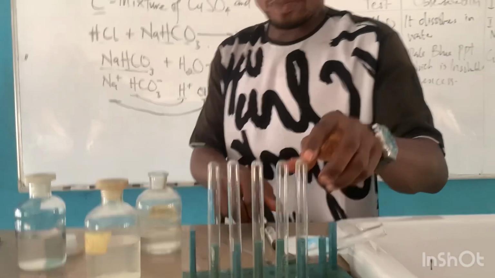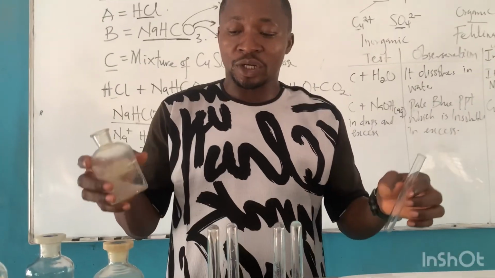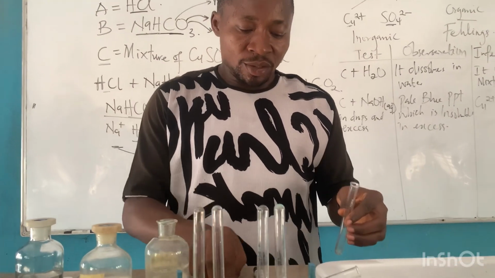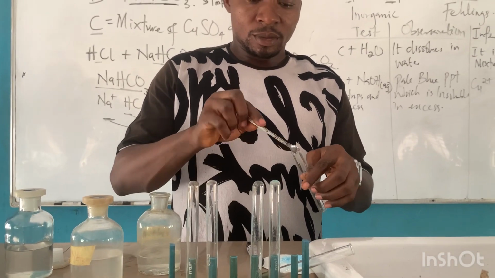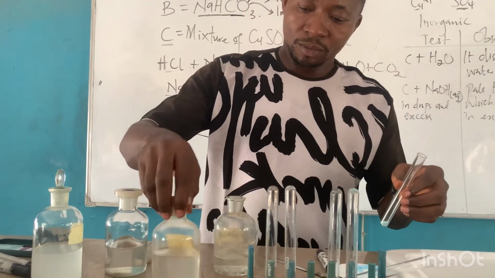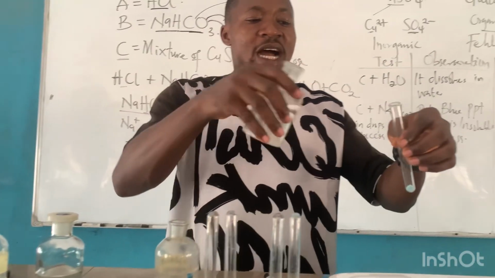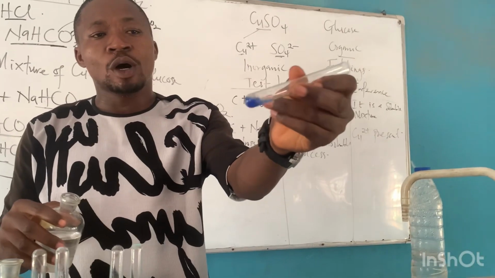Then we have another mixture, the same solution. They can ask you to divide it into 4 portions, or 3 portions, then you have another one. Then you'll be asked to add ammonia. First of all, you add in drops. In drops, it will give you a kind of pale blue also.